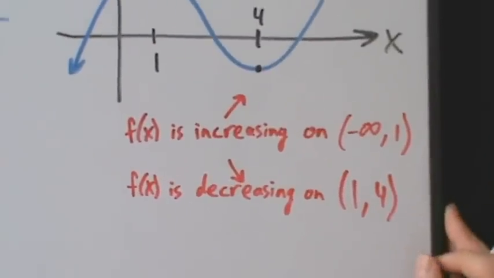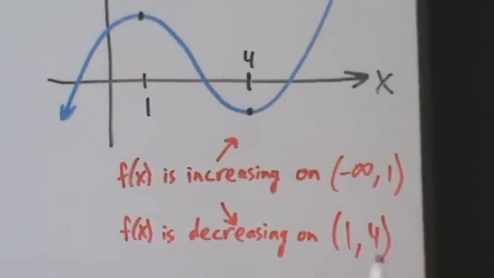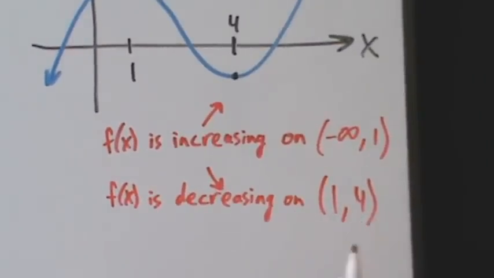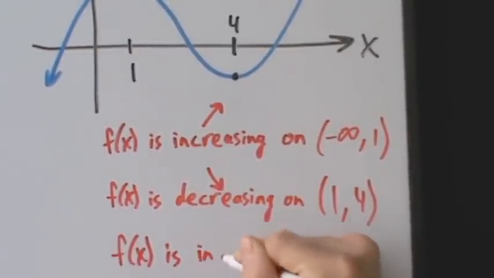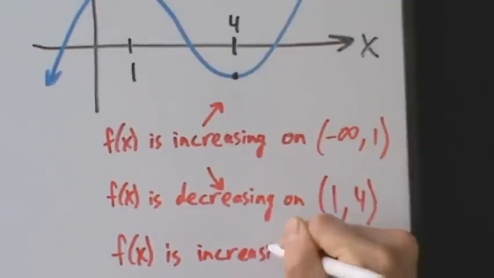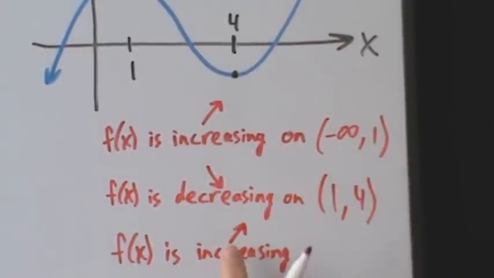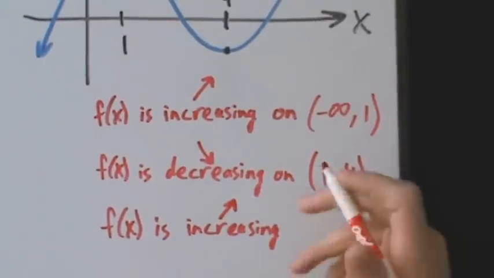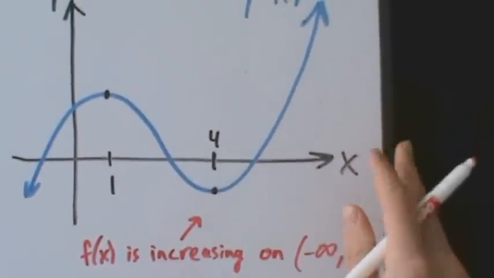So when you talk about where a function is increasing and decreasing, you always want to use the x values. You don't want to talk about the y values when you describe the intervals. So here, this is decreasing on the interval x equals 1 to x equals 4. And then one more, so f of x is increasing, again with this shorthand notation, which we'll just use from now on, on 4 all the way over to infinity.